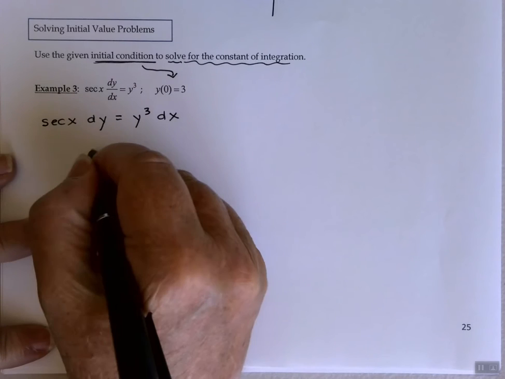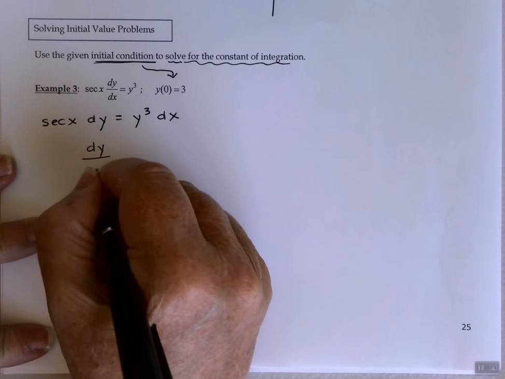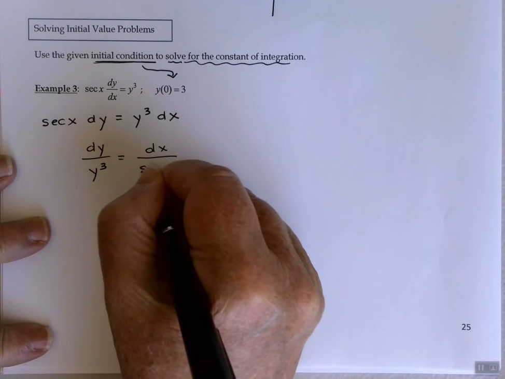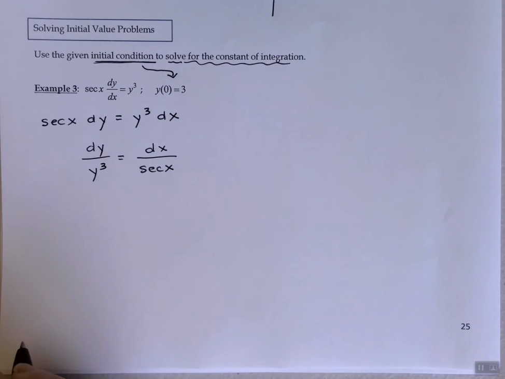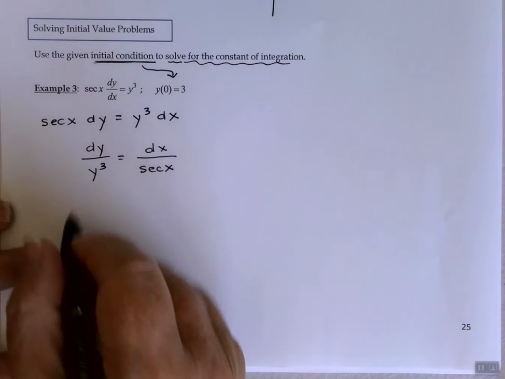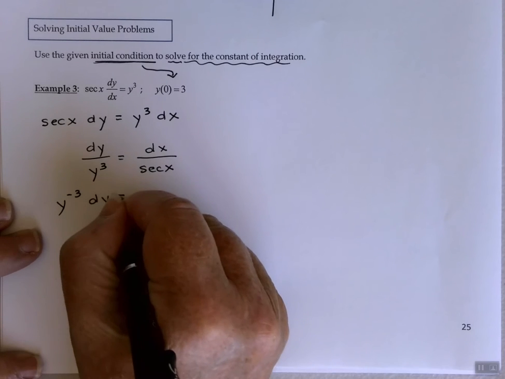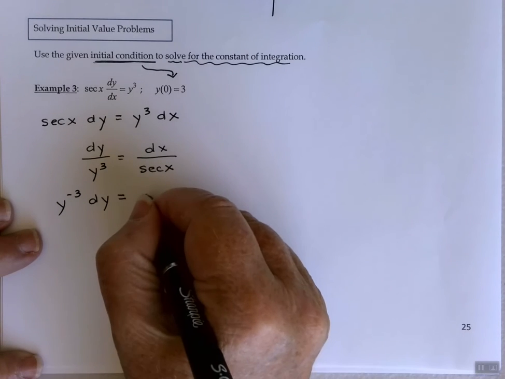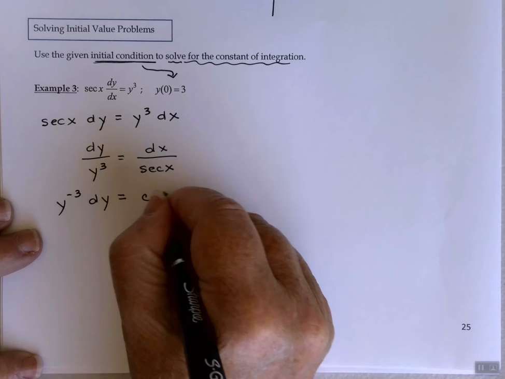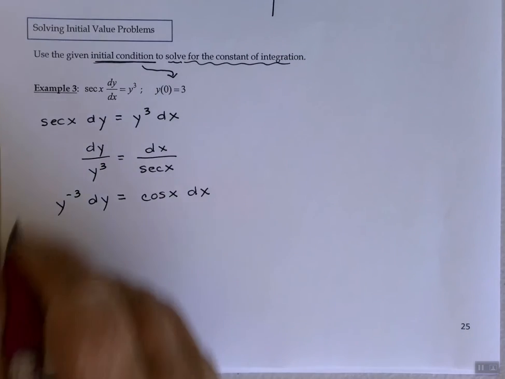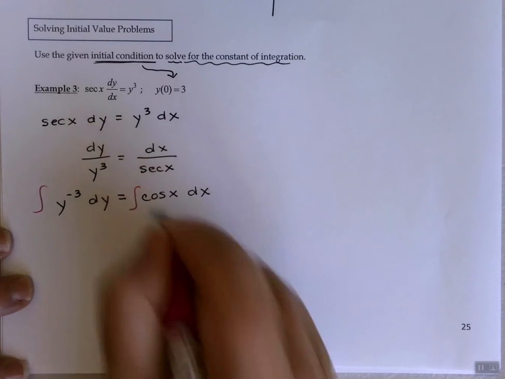So I'd have dy divided by y cubed equals dx divided by secant x. And since I'm going to have to integrate, let's make these a little easier to integrate. Let's call that y to the negative third dy. And the reciprocal of secant would be cosine, so I can write that as cosine x on top. And now I'm in good shape to do my antiderivatives.